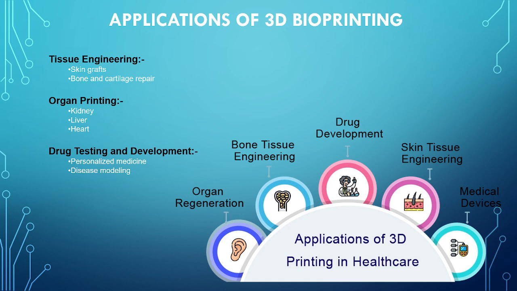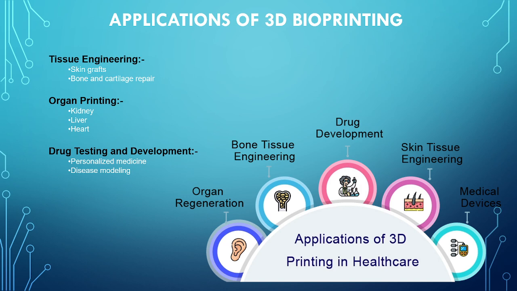Now let's see a couple of applications of 3D printing in the real world. In tissue engineering, we use this for skin grafting, for those who have had issues that affected their skin. Bone and cartilage repair, as I told you, we can use for repairing our bones and cartilages.